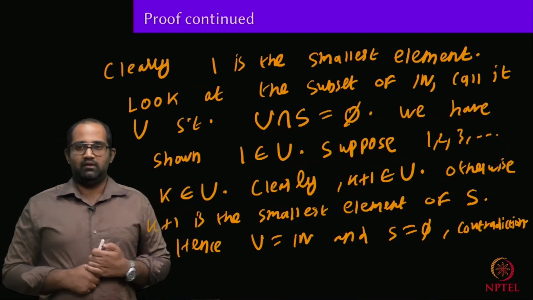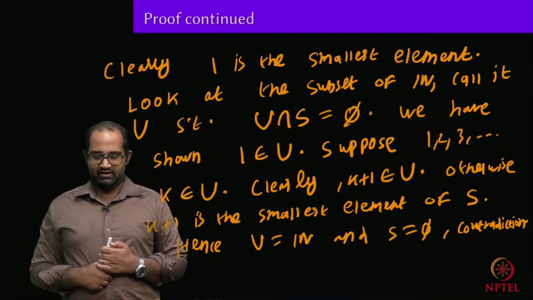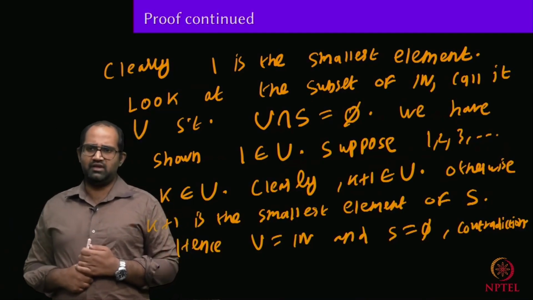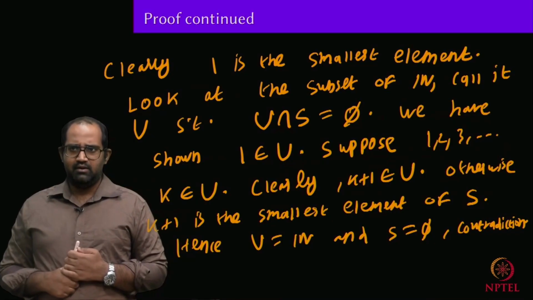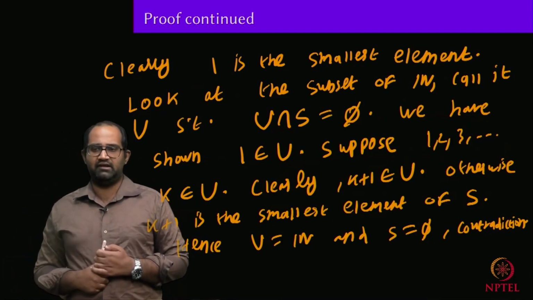Now, some of you might be eagle-eyed and might rightfully object that I have used the induction principle in a way that is different from how we stated it in the axioms.